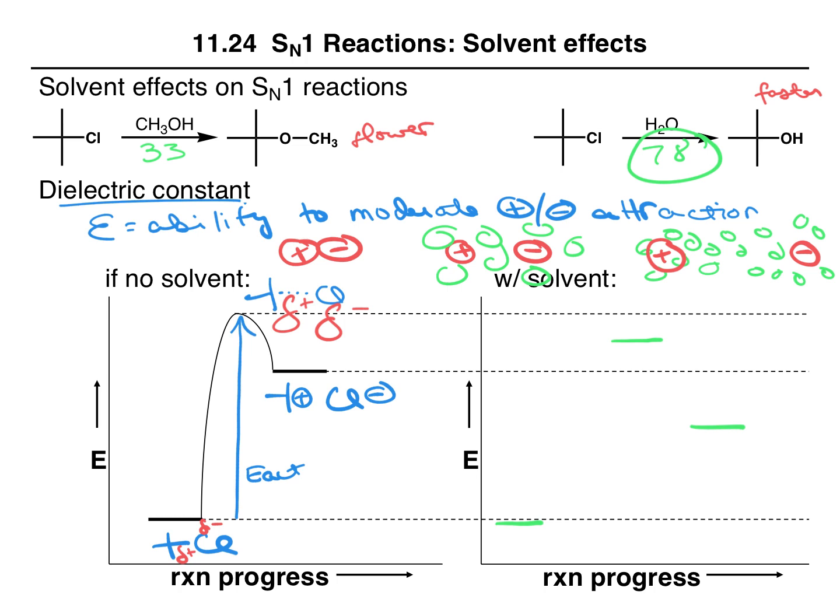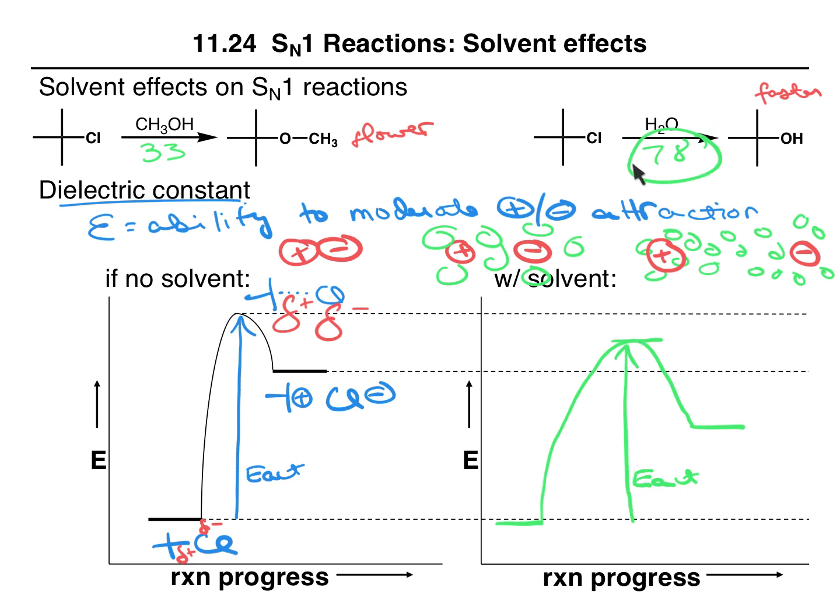So now this reaction looks like this, and here is our new activation energy. The starting material was stabilized just a little bit, but the transition state was stabilized significantly. And so overall, that leads to a smaller activation energy, which means the reaction will be faster.